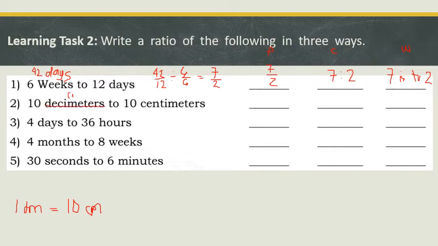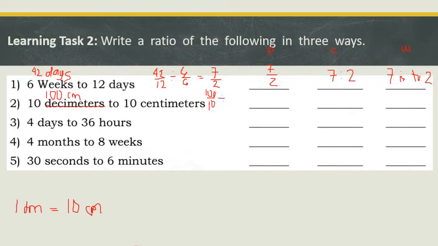So, kung ang isang decimeter ay 10 centimeters, ito ay 10. So, ilan lahat po yung centimeter natin? Ito po ay magiging 10 times 10 ay 100. So, yan, pareho na sila. 100 centimeters to 10 centimeters. So, pag sinulat natin in fraction, 100 is to 10.